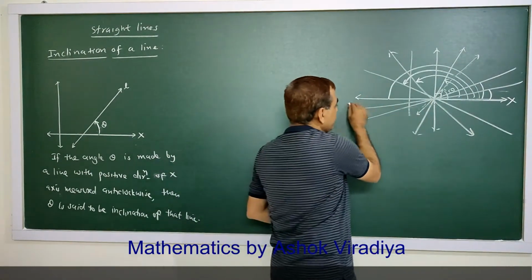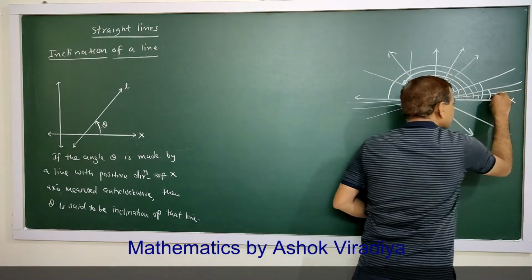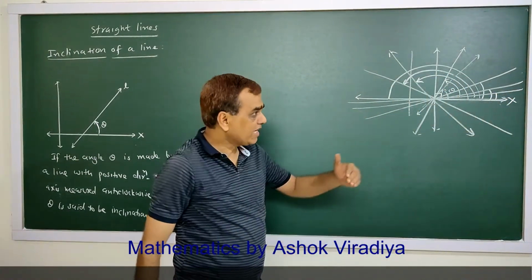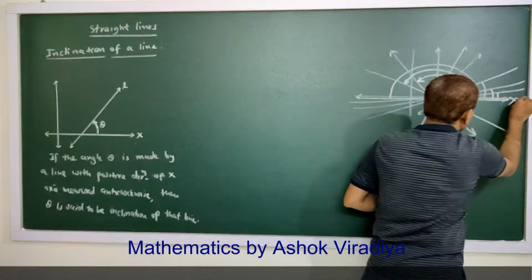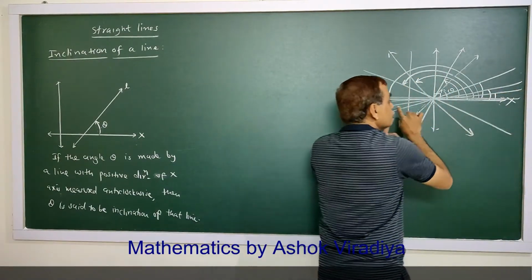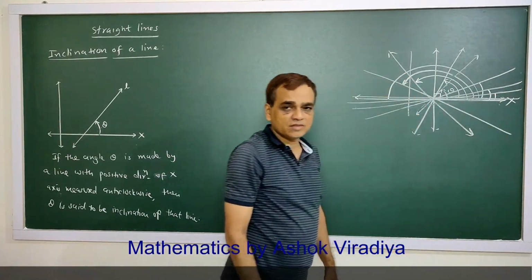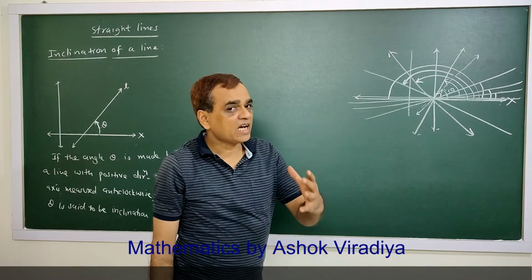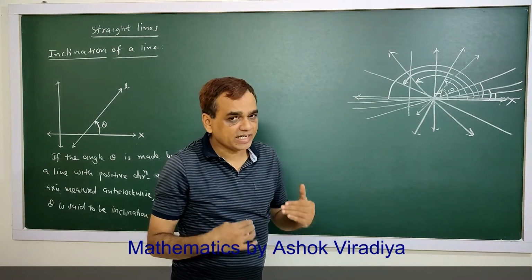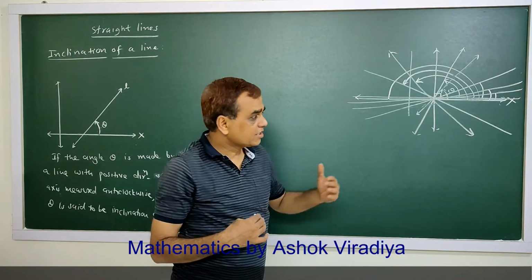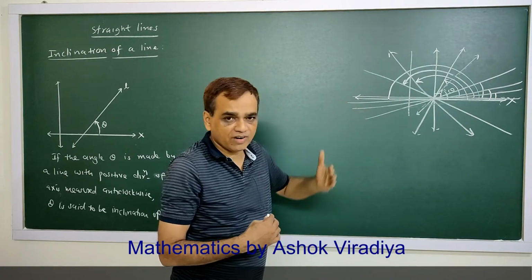Continuing this procedure, theta is decreasing, and when it overlaps the x-axis, theta is 0. So when theta is 0 degrees or 180 degrees, it shows the same position of the line.